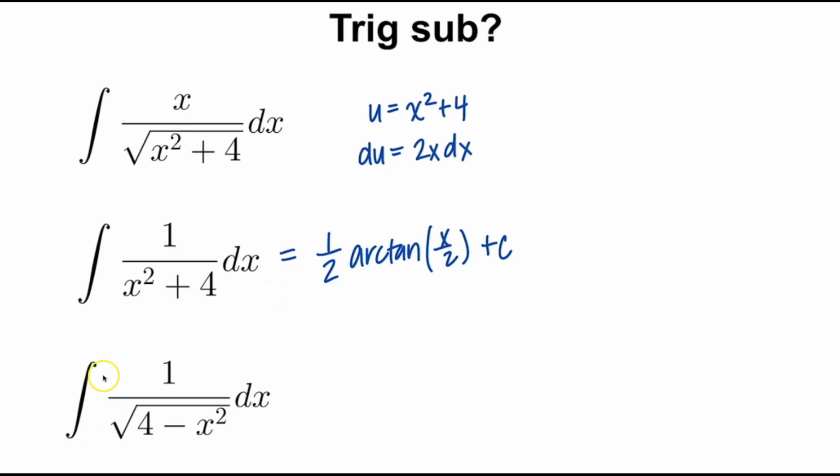And then same thing with the last one, the integral of 1 over the square root of 4 minus x squared dx, that one's going to become arcsine. So that one does not have 1 over a in front. It just simply becomes arcsine of x over a, so x over 2 plus c. So don't trig sub everything that has the sum or difference of an x squared and an a squared.